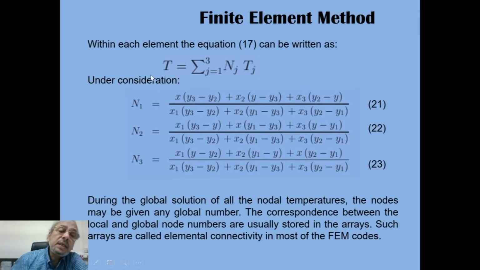So whatever we wrote for Ni, Nj, Nk, simply i is substituted by 1, j is substituted by 2, and k is substituted by 3, and expressions also basically xi yi will be substituted by x1 y1, xj yj by x2 y2, and xk yk by x3 y3, and we get equations 21, 22, 23.